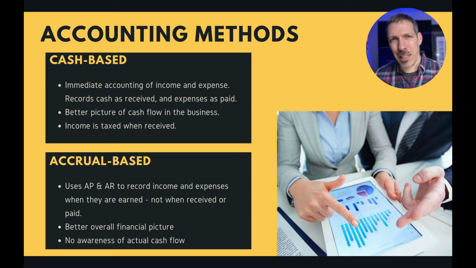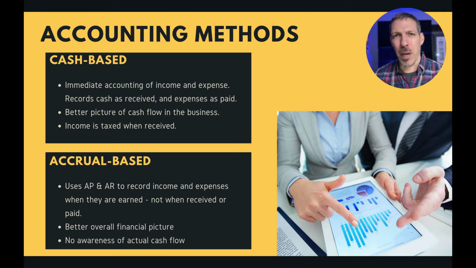And the tax implication of a cash-based accounting method is that the income is taxed when it's actually received. Now, the other way to keep your books would be the accrual-based accounting method. The difference here is that the accrual-based method uses accounts payable and accounts receivable accounts to record income and expenses in your books when they're earned, not when they're received or paid.